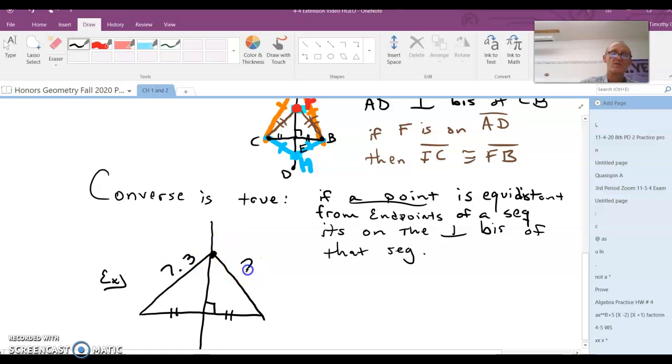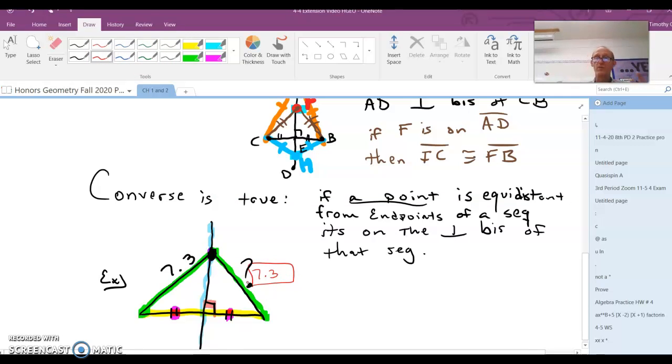And the question is, what's this? Well, we can see that this segment is a perpendicular bisector because it's perpendicular to this segment, and it bisects the segment. So this point is equidistant from this endpoint and this endpoint, that makes that other length 7.3.